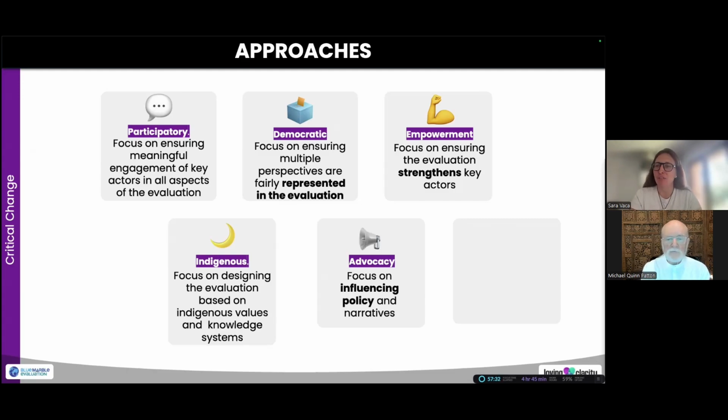Advocacy, what I understand from advocacy evaluation is that by doing this evaluation, you're doing advocacy already. Is that so?